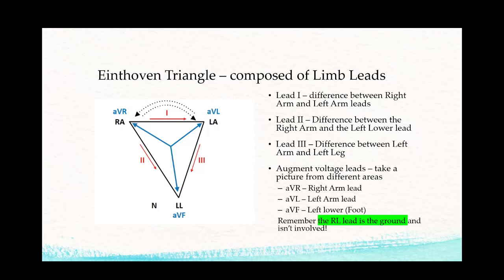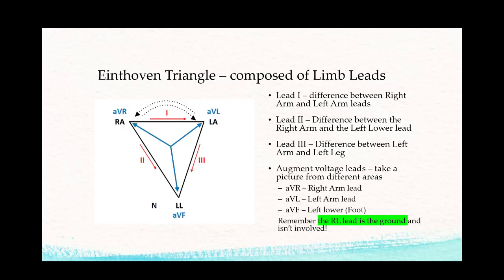Einthoven's triangle is composed of the limb leads. So now we're looking specifically at the RA, the right arm, the LA, the left arm, and the LL, the left lower or left leg. Lead 1 is the difference between the right arm and the left arm.